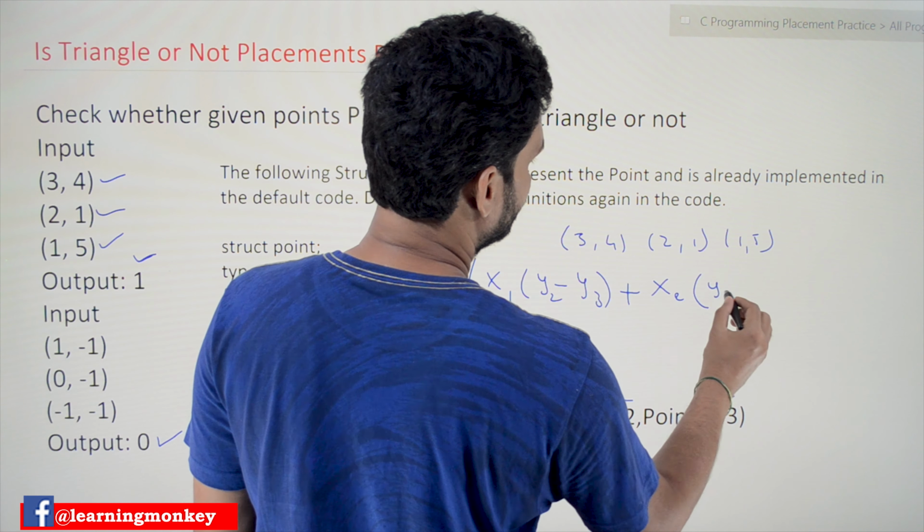But in this case, we are going to get some number. We get the area of the triangle, which means that these 3 points form a triangle. If it produces an output of 0, it means that it is not a triangle.